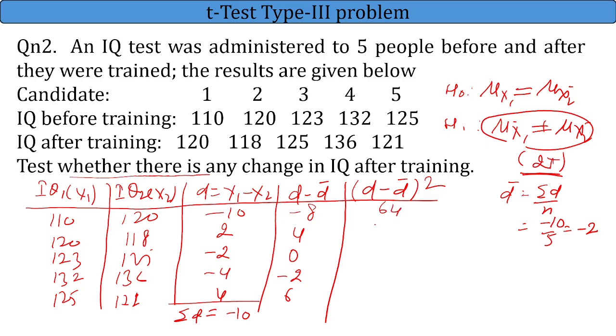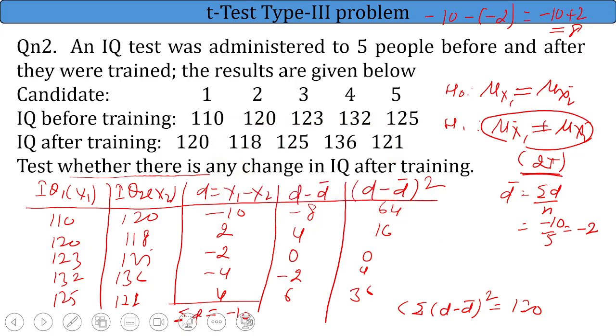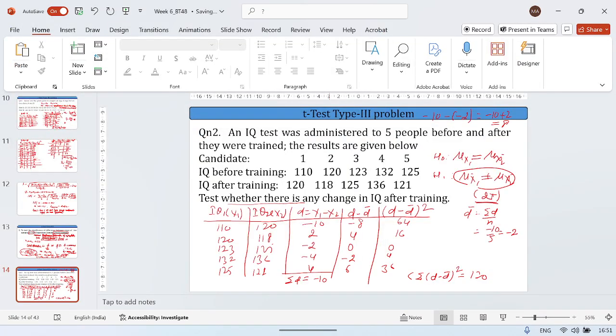Now what is the summation of (d minus d bar) whole square? It became 120. Now we'll take one page and go ahead.